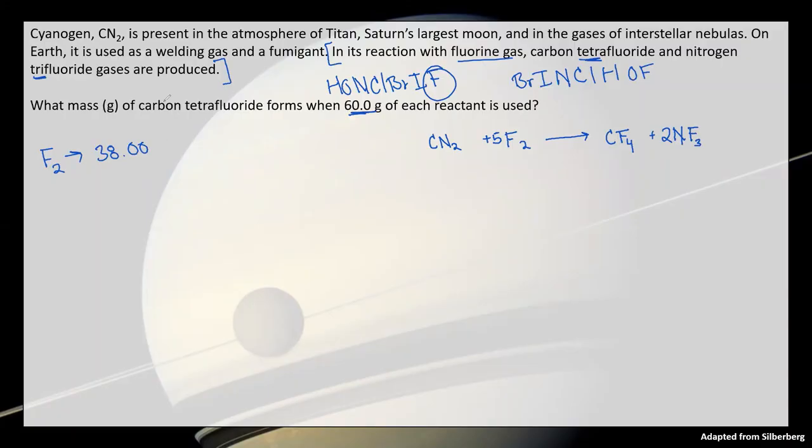Because when you look at fluorine on the periodic table, it's going to tell you for 1 atom, it's 19 grams per mole, but we are in a diatomic gas in our elemental state, so it's going to be 38. And then cyanogen is 12 plus 14 plus 14, and that comes out to about 40 grams per mole.